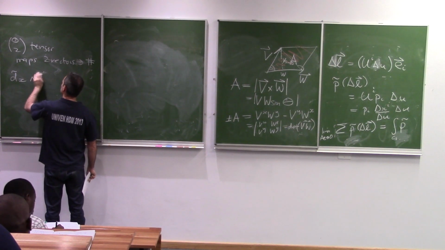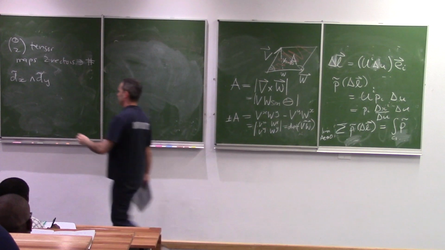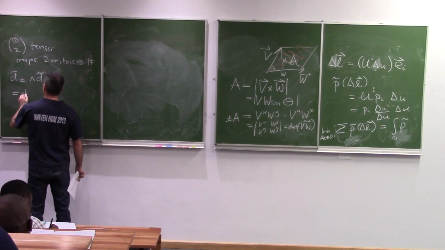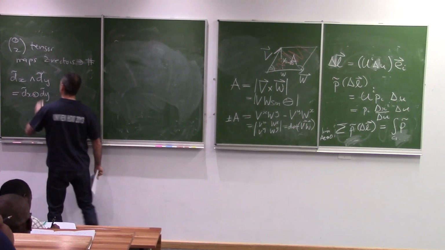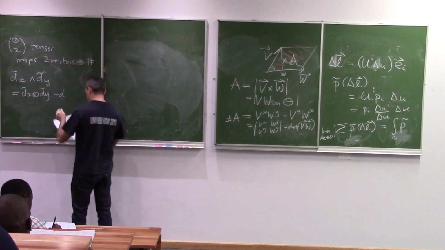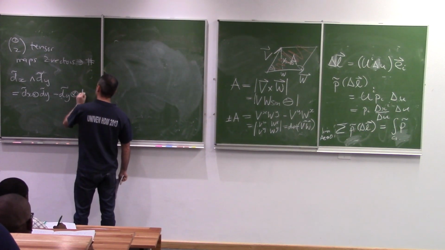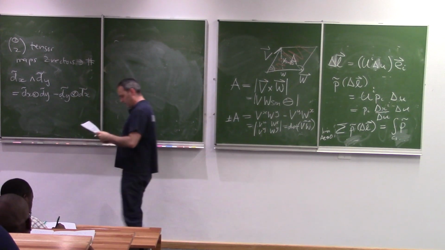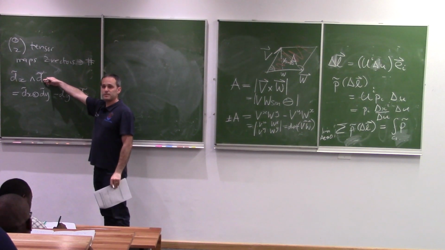The wedge product of those two I'm going to define as the tensor product of dx and dy minus dy tensor dx. Good, and this 0-2 tensor is precisely what I want.